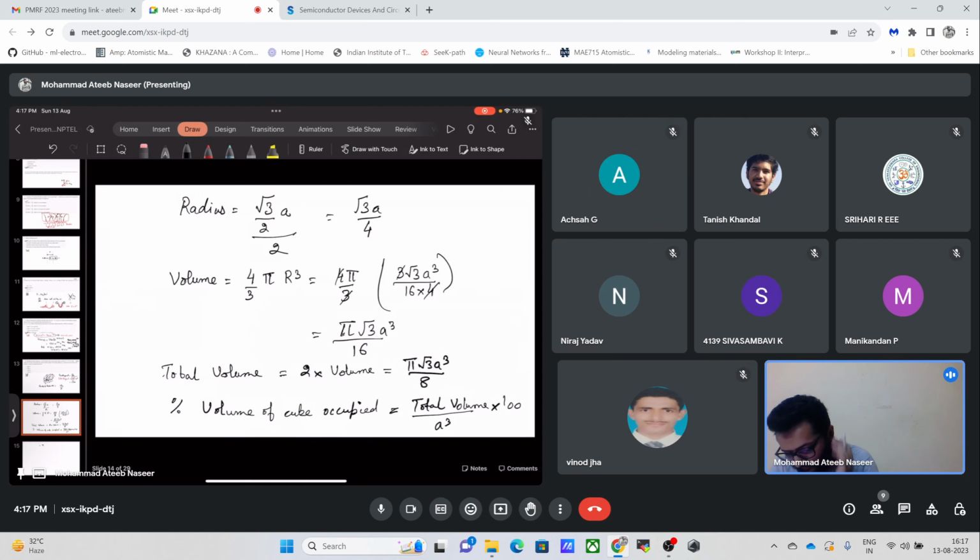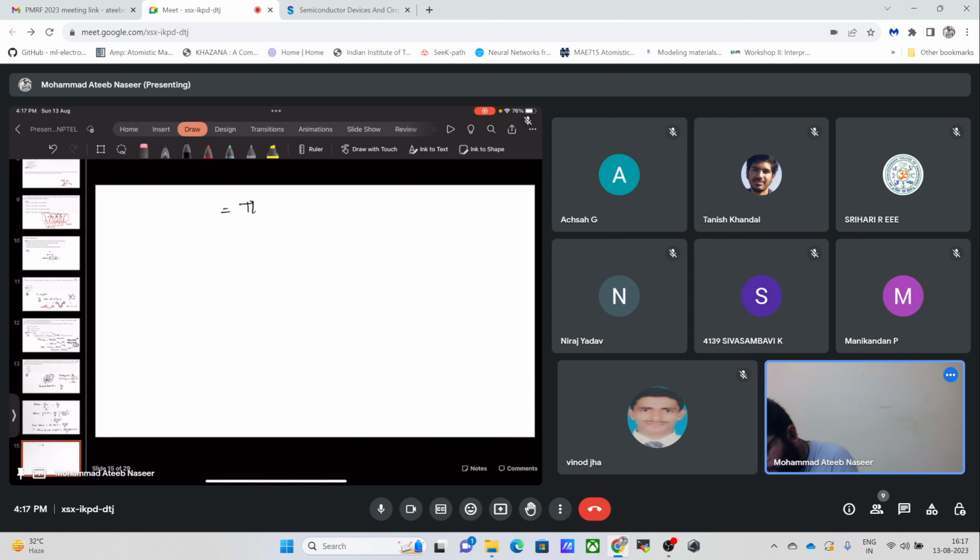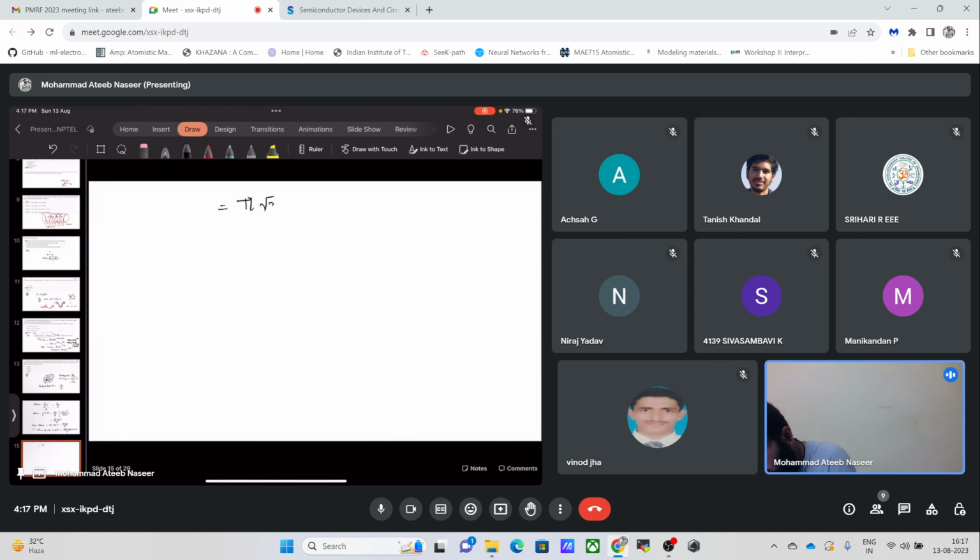So, where were we? Root 3a cube, and a cube will go. It would be simply pi root 3 by 8 into 100.